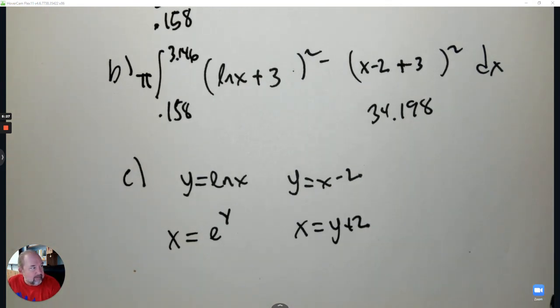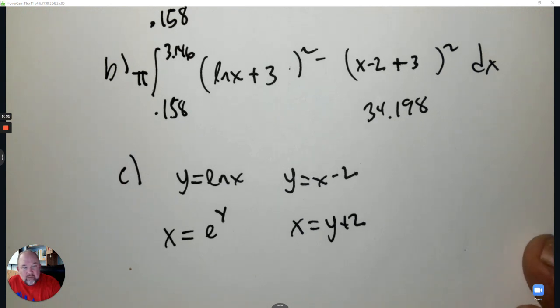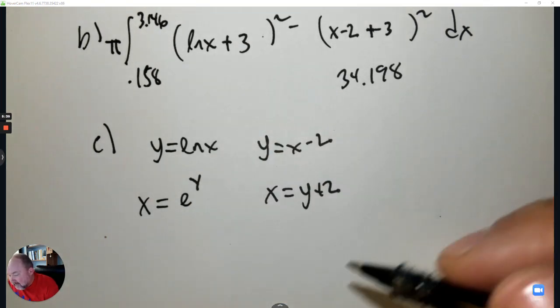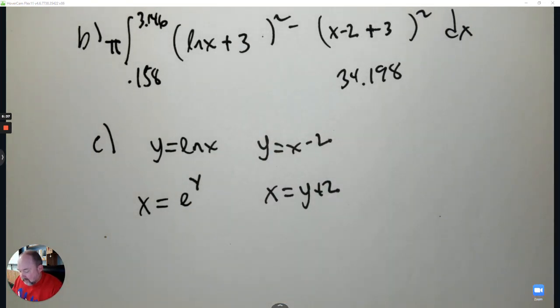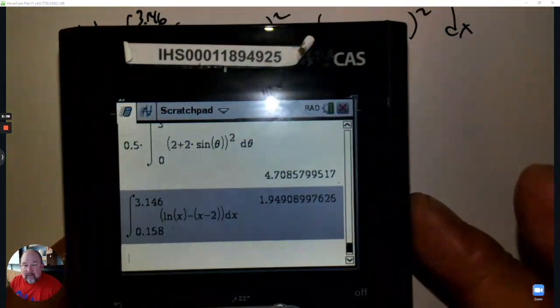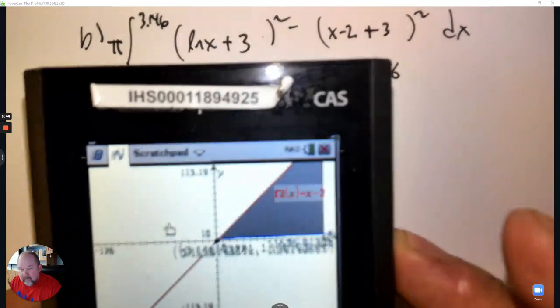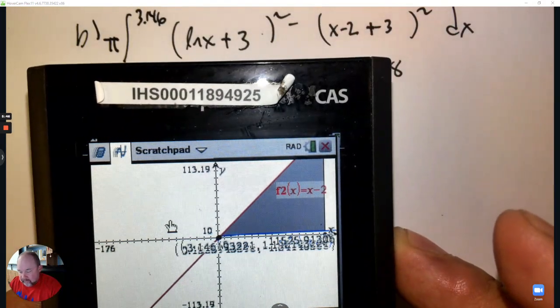Then make those equal. Well, I need the y coordinates then of what I looked at. So let's go back to the graph. So now I need the y coordinates. It's there, right? I don't even know what happened right there.